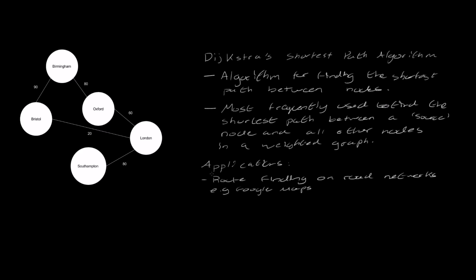And these sorts of shortest path algorithms form the basis of satellite navigation applications such as Google Maps. Next I'm going to show you how to apply Dijkstra's shortest path algorithm to find the shortest route between Southampton on this graph and all of the other cities.